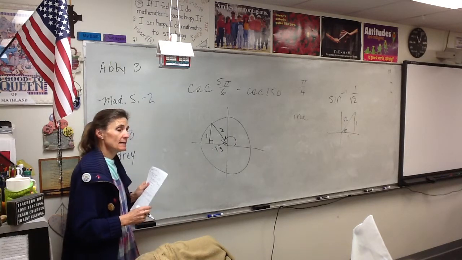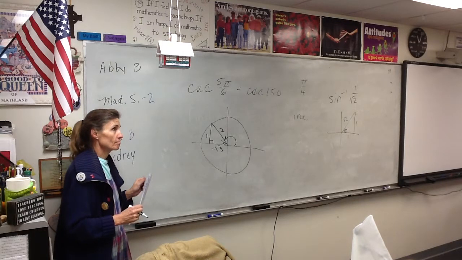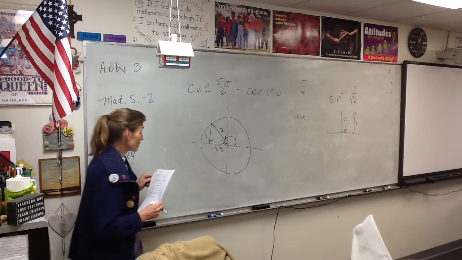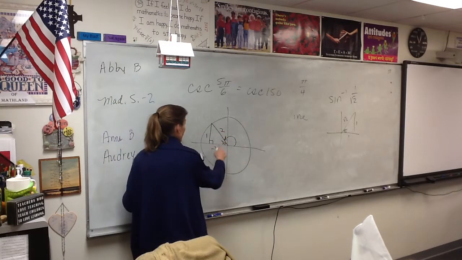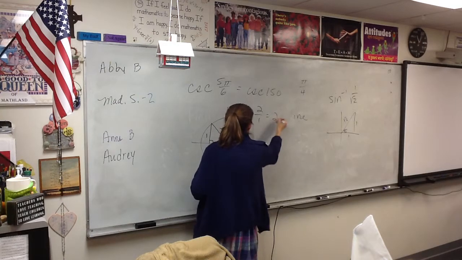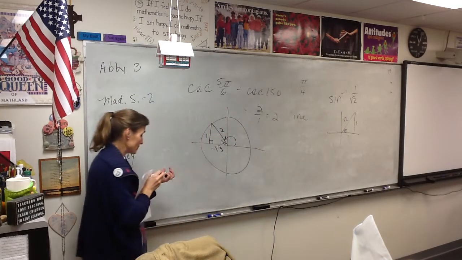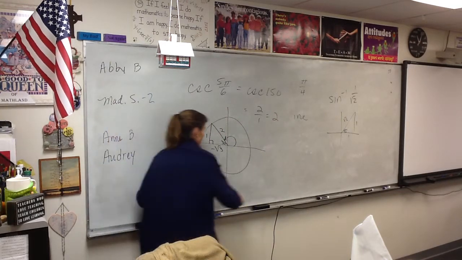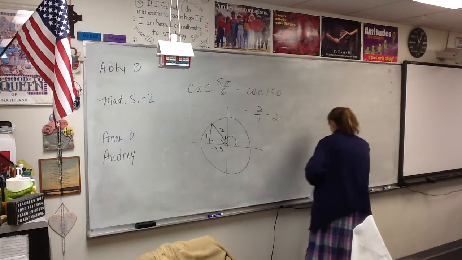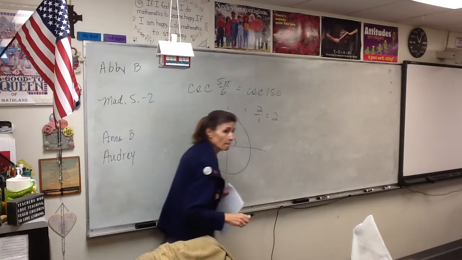Now I want cosecant. What's cosecant? Reciprocal of sine, which would be hypotenuse over opposite. So 2. So the answer is 2 over 1, or 2. That's the correct answer. I have it wrong on the sheet. Fix that. Some of us miss more previous than others.